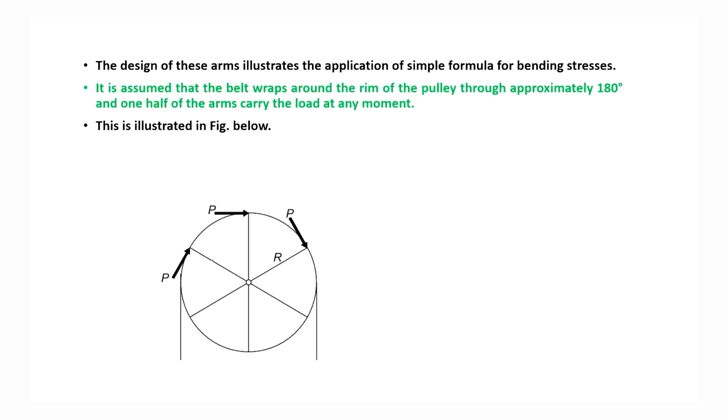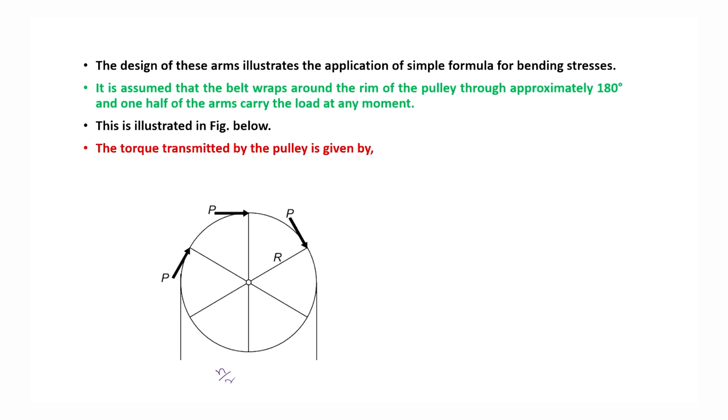It is assumed that half of the load will be shared by the belt. That means, if the number of arms is n, then due to this wrap, n by 2 arms will bear the load of transmission. So, it is assumed that the belt wraps around the rim of the pulley through approximately 180 degrees, and half of the arms carry the load at any moment. This is illustrated in the figure below.